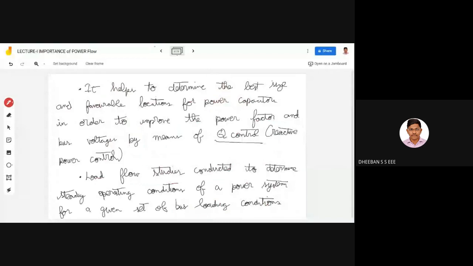So that's what they're saying. Load flow studies are conducted to determine the steady operating conditions of a power system for a given set of bus loading conditions.